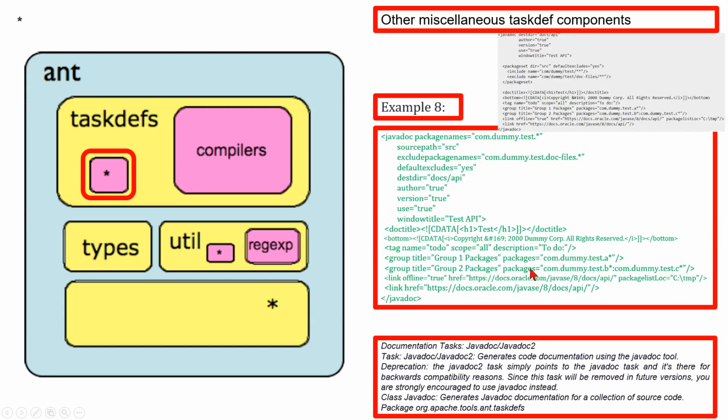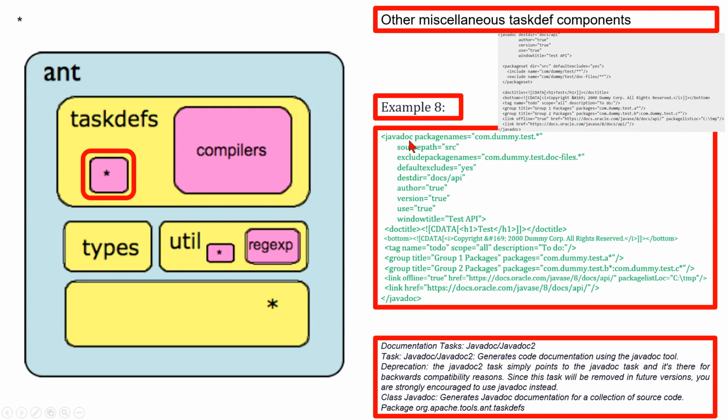Now we are considering Javadoc or Javadoc 2 in documentation tasks. The task Javadoc or Javadoc 2 generates code documentations using Javadoc tool. Duplication, the Javadoc 2 task simply points to the Javadoc task and it's there for backward compatibility reasons.